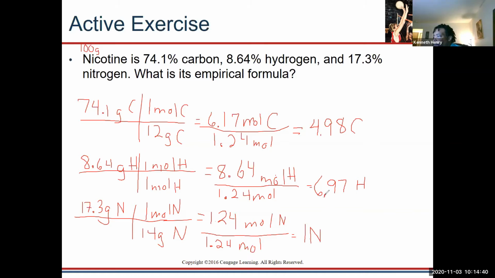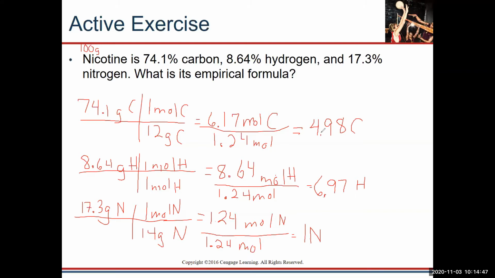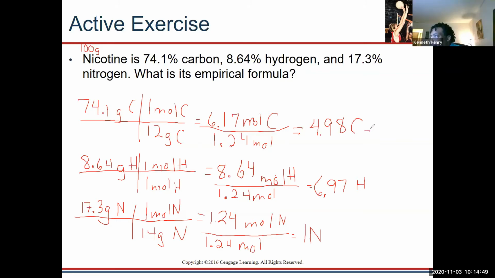Okay. So are these guys close enough to round up, or do I need to multiply them by something? I'm pretty sure you can round them up. Okay, so then my empirical formula would be C5H7N. Piece of cake?